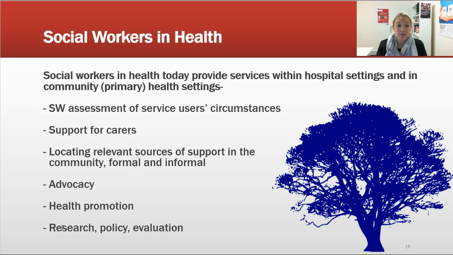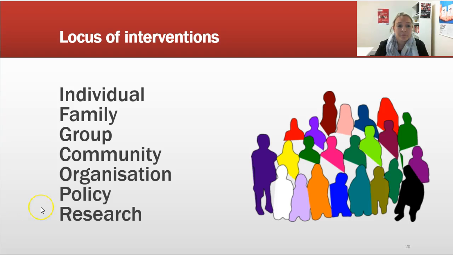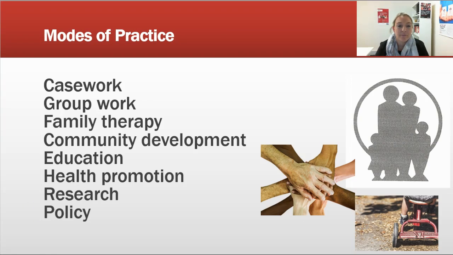policy and evaluation. So the ways in which social workers provide service in health are really multifaceted and quite varied. Our locus of interventions within health are at an individual, family, group, community, organisation, policy and research level. So as you can see, social work covers the whole gamut of intervention levels within a health setting.